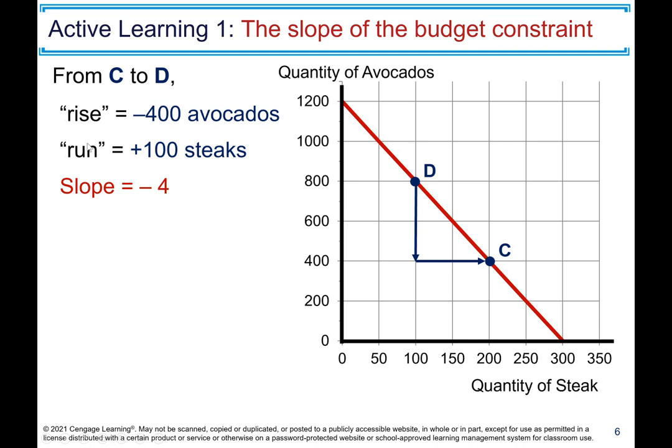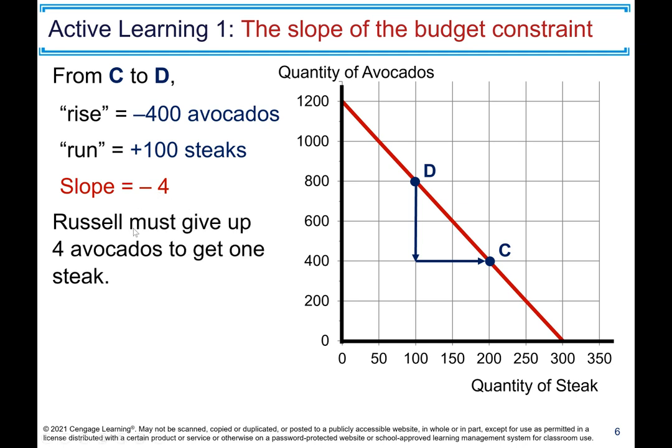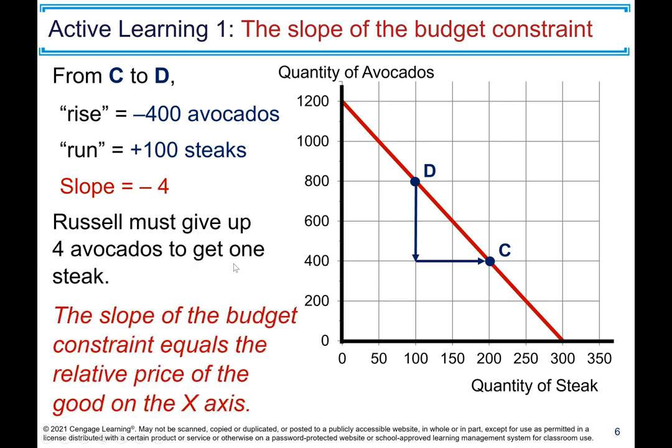That is the rise over the run. The slope is negative 400 divided by 100, that is negative 4. This means that Russell must give up 4 avocados to get 1 steak. The slope of the budget constraint equals the relative price of the good on the x-axis.